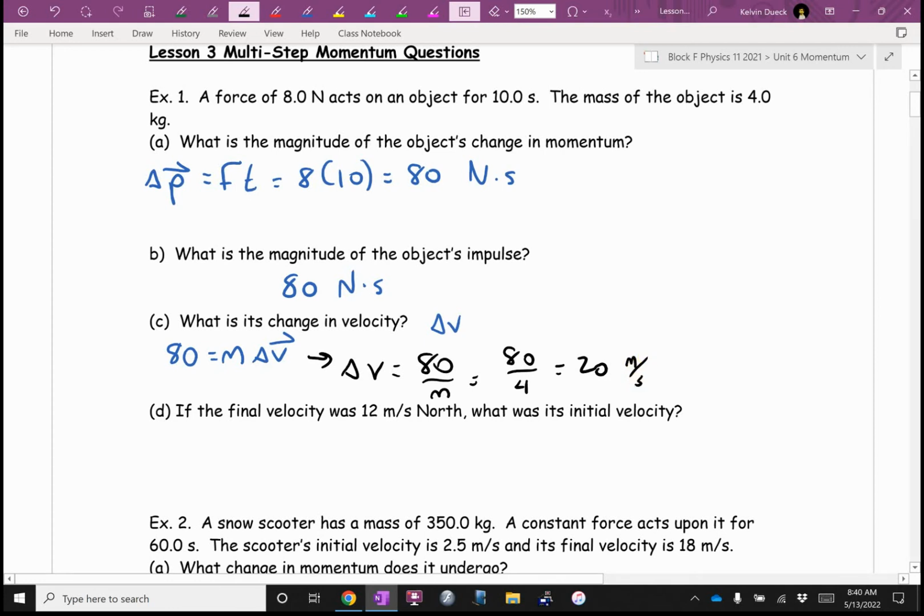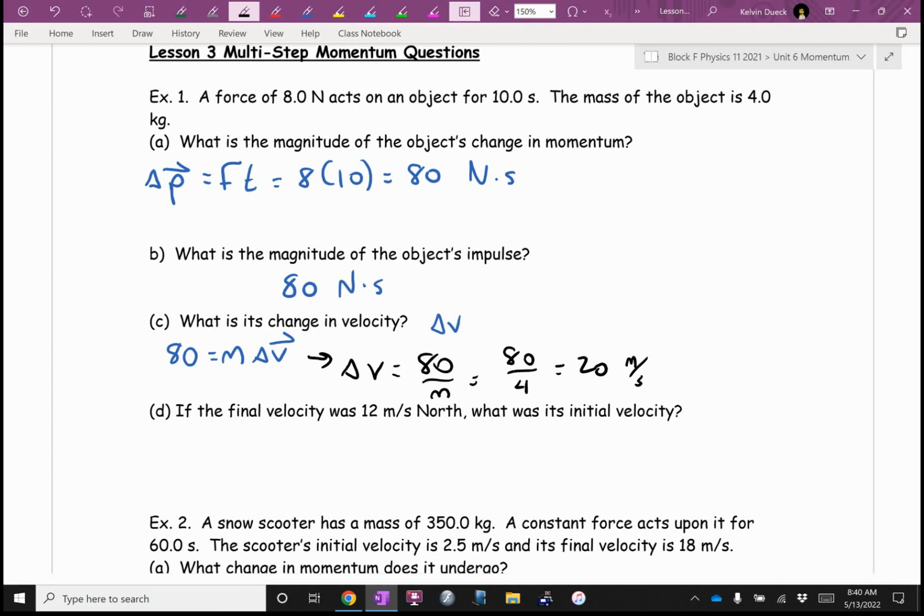That doesn't mean that we started at 0 and ended at 20. We could have. Or if we started at 5 meters per second, we ended at 25. That's a change in velocity of 20. We could have started at 100 meters per second and ended at 120.